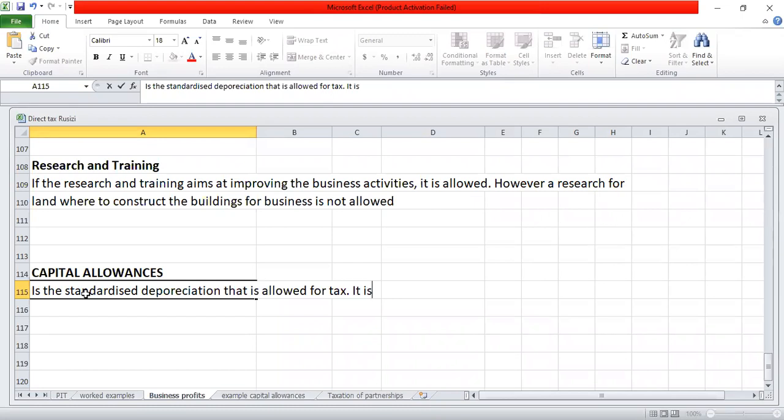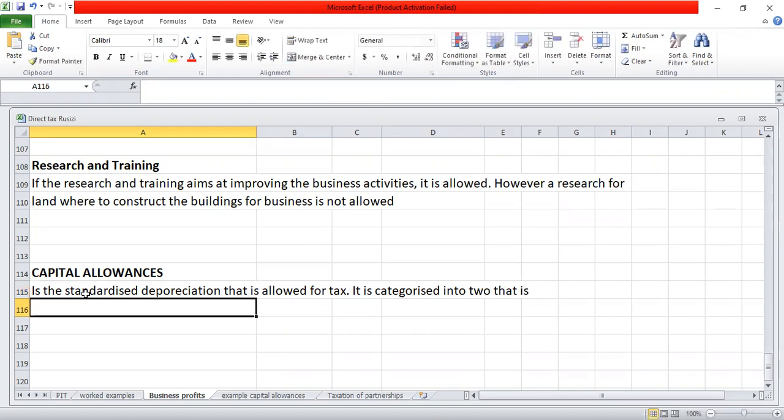categorized into two. That is, number one, the accelerated depreciation, this one is sometimes we call investment allowance.